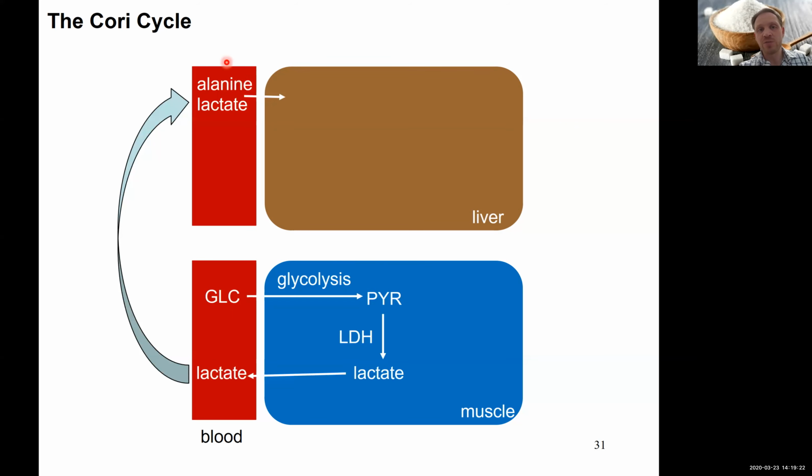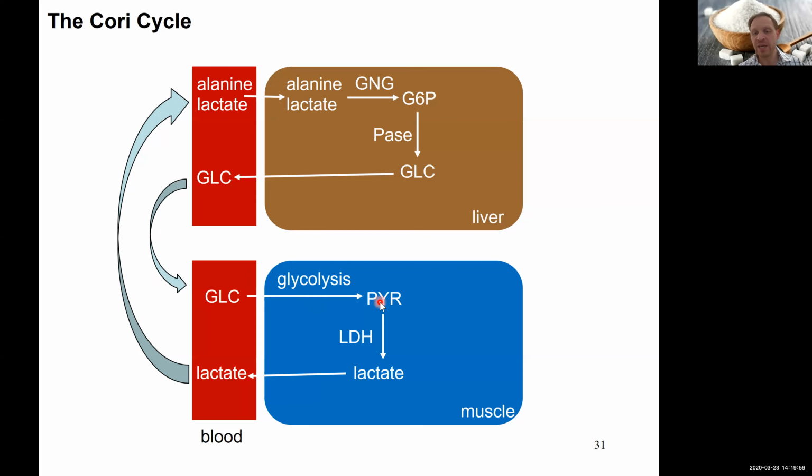Right? So this is a Curie cycle, which gives you an idea of how we can maintain the function of a muscle, for example, if we're running out of oxygen, and how we can reutilize lactate for the production of glucose. Okay. So lactate is not just a waste product, it actually can be reutilized for the production of glucose.